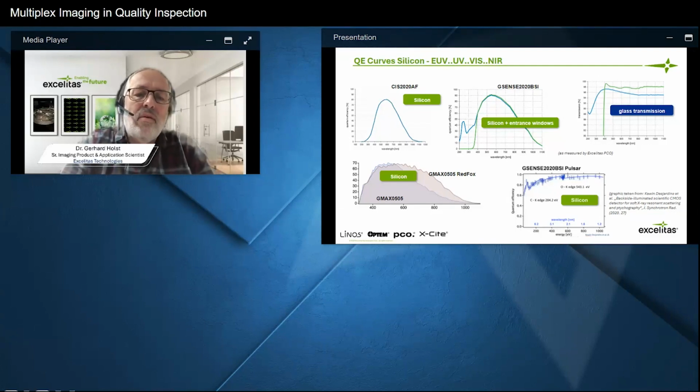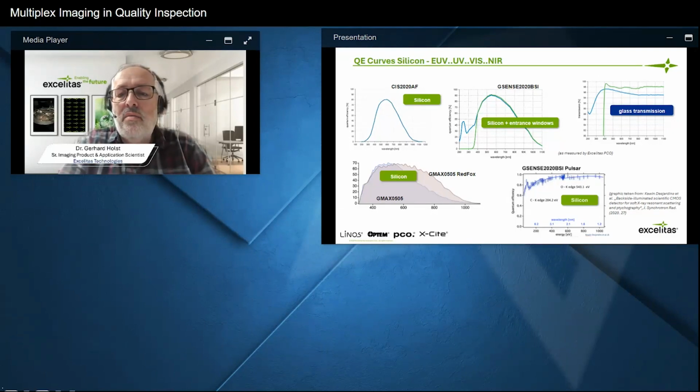Second, as you see on the lower left, there are sometimes different sensors of the same type, which might have a different anti-reflective coating or some other ingredients that help to improve the quantum efficiency, for example, in this case, towards the near-infrared. Finally, there are also sensors like the G-Sense 2020 BSI Pulsar with a different surface treatment, and this allows, like shown here, the sensitivity down towards 2 nanometers.